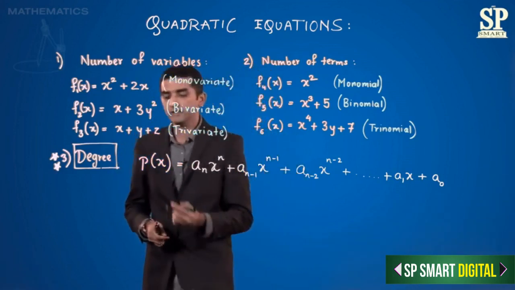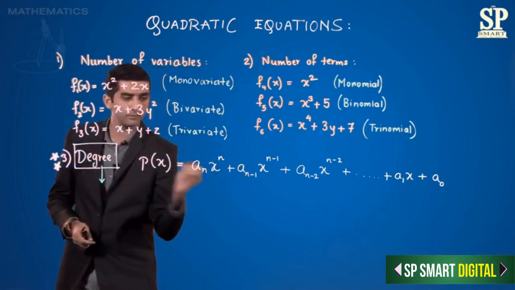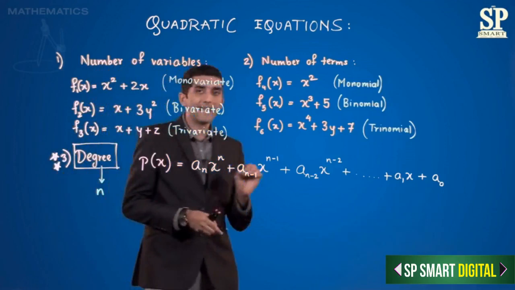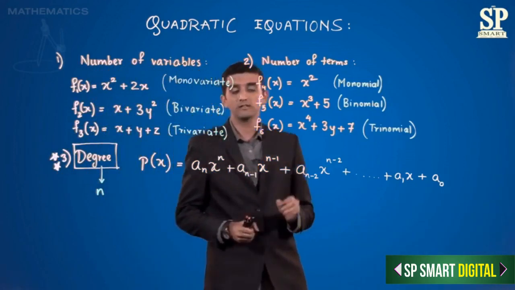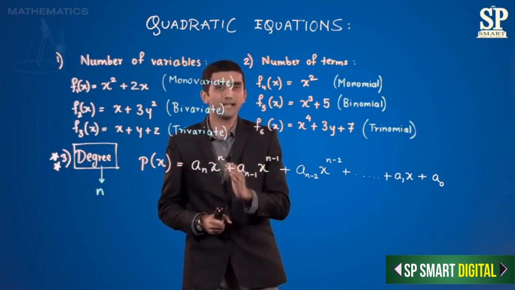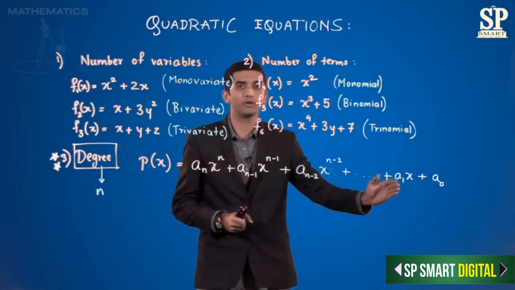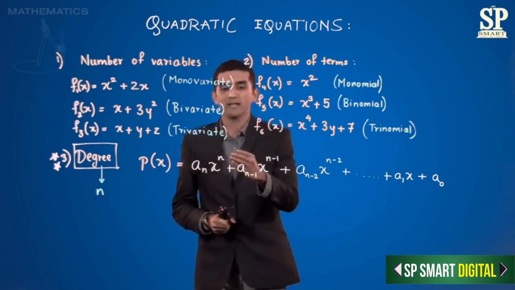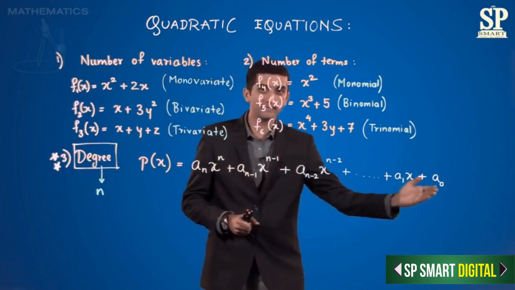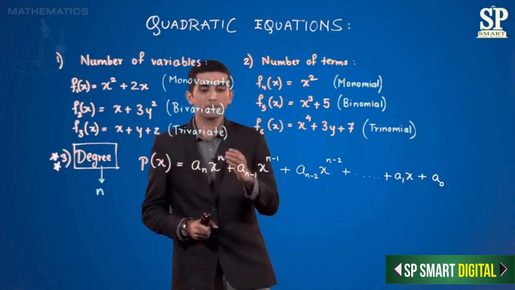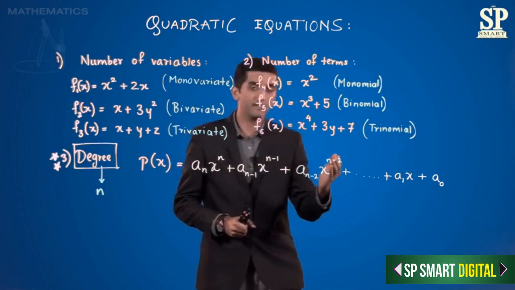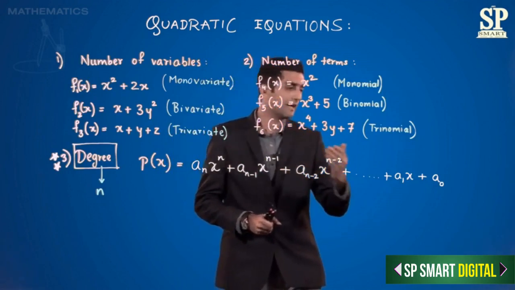Now degree here, for this particular polynomial, the degree is n, and n is nothing but the highest power that x takes in this particular polynomial. So as you can see, n is the highest power that x takes in this entire polynomial, because then we have n minus 1, which is indeed less than n, then n minus 2 again less than n and so on.